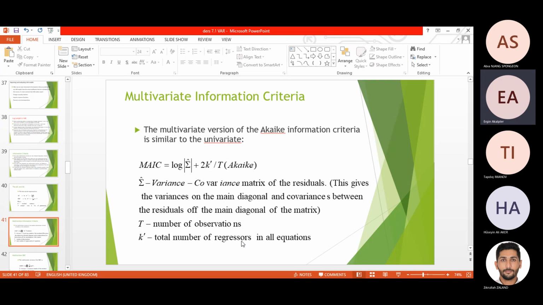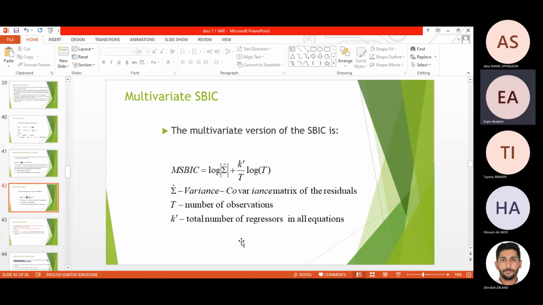This gives the variances on the main diagonal and the covariances between the residuals off the main diagonal of the matrix, and T, as I mentioned, is the number of observations, and k is the total number of regressors in all equations in the model. The multivariate version of the Schwarz-Bayesian information criterion is then again given here as it is represented.